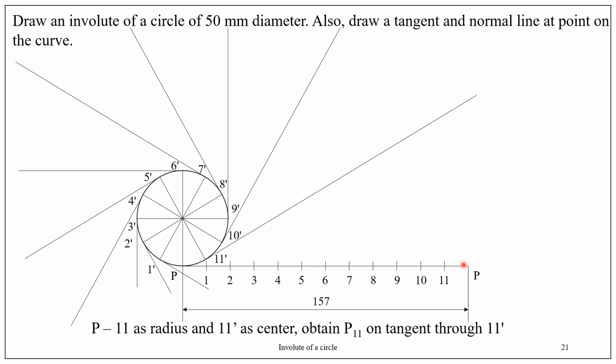If you unwound the string over 330 degrees, the point will appear on this straight line, that is the tangential line through 11 dash. If you unwound the string through 300 degrees, then the end of the string P will appear on the tangential line through 10 dash.